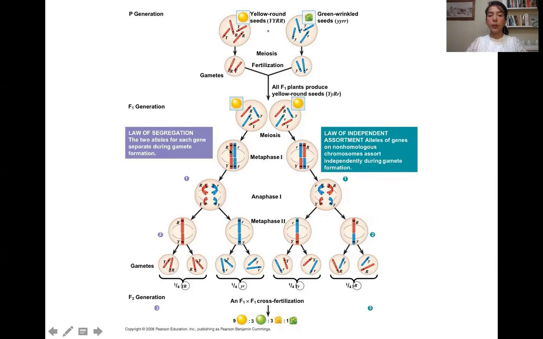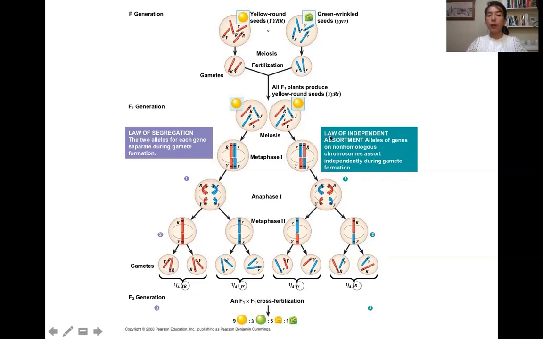So in this case, we have a copy from the mom and a copy from the dad, let's put it that way. But in these gametes at least, we're going to have independent alleles. So that's called the law of segregation.